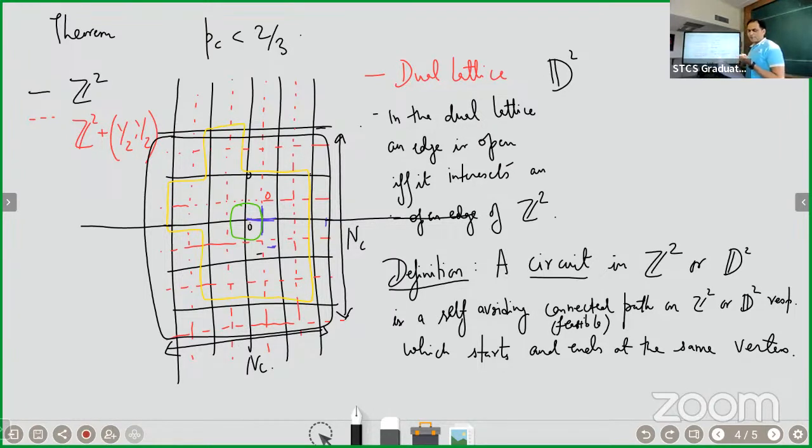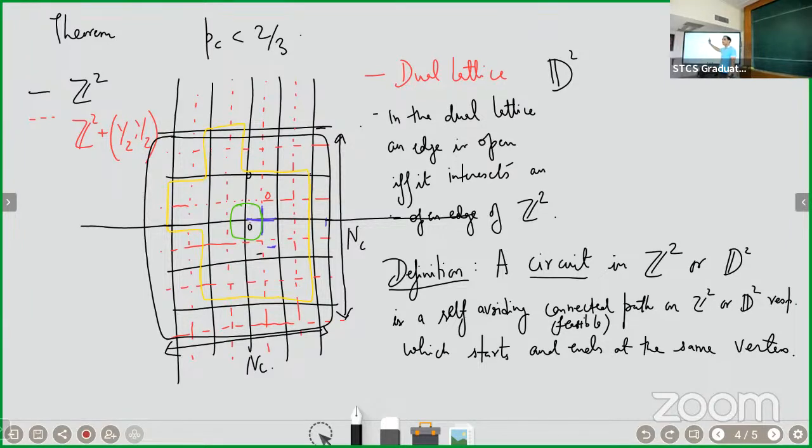What do I want? I want the probability that there exists a closed circuit of any length to be less than one. That's all. And I have these two facts now. The probability that in this box every single edge is open is p to the power NC square.